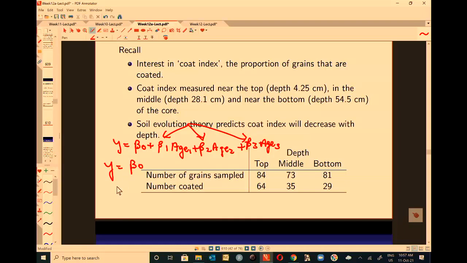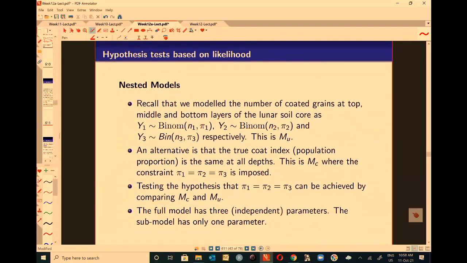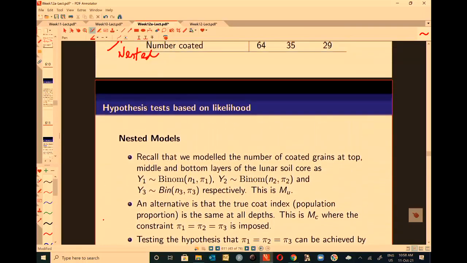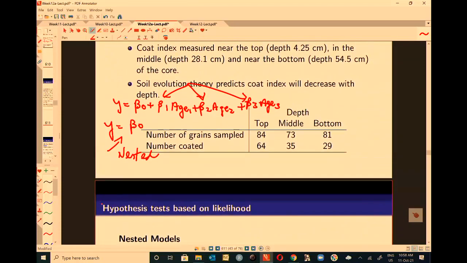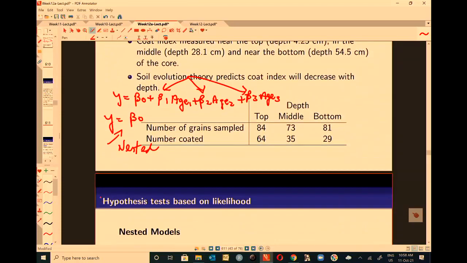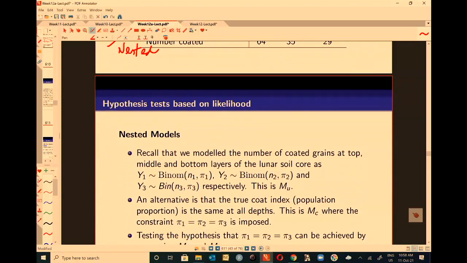So this is nested within the other model. Then I should use, or I can use, the likelihood ratio test, and this is where this is useful. Now the problem here, be careful, is that I must have the two models based on the same data.